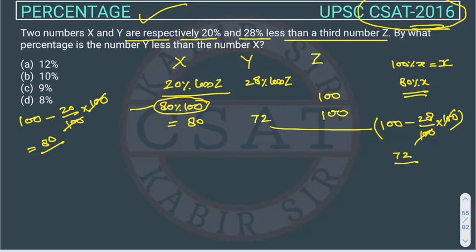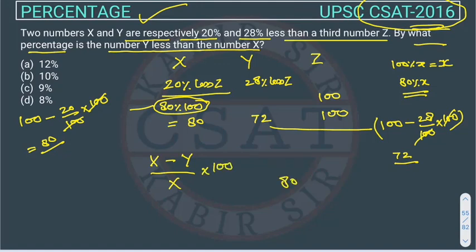Now the question is asking by what percentage the number Y is less than the number X. So he's asking Y is what percent less than the number X. Okay. So this we have to calculate. So it is 80 minus 72 upon 80 into 100, right? So it will come out 8 upon 80 into 100. This is in percentage, right?